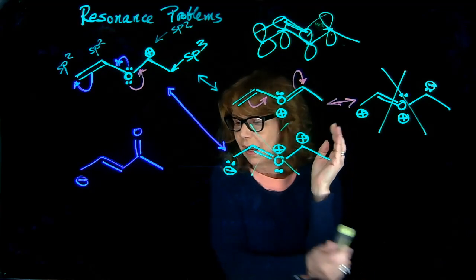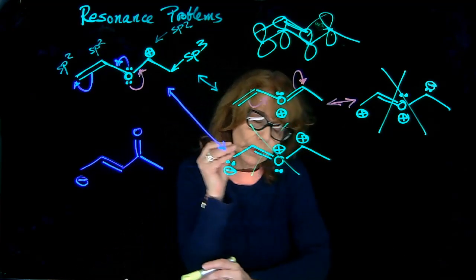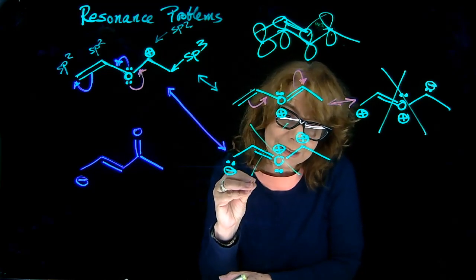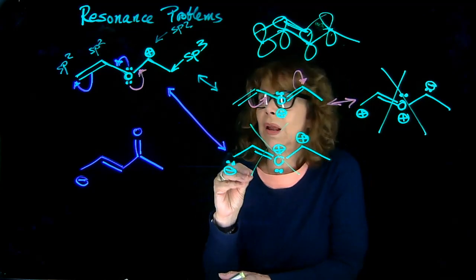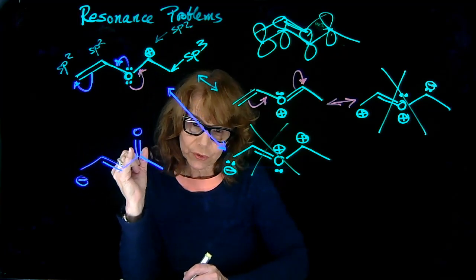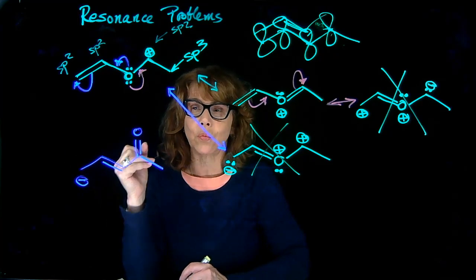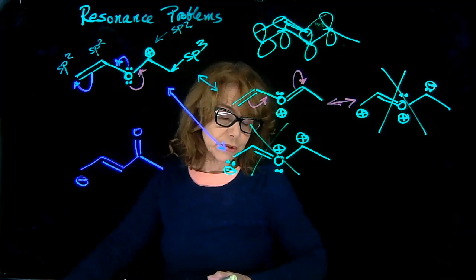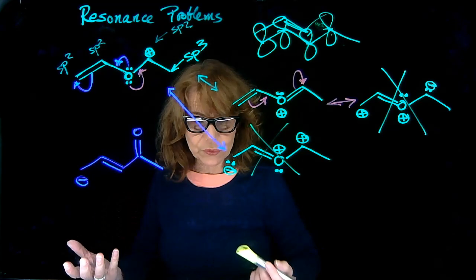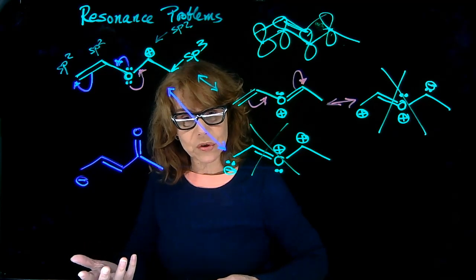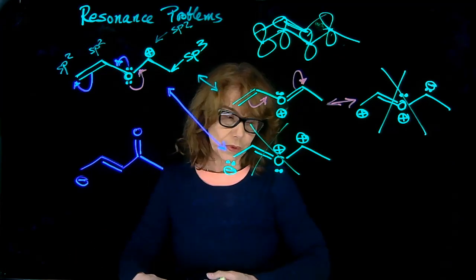The most important factor you need to be analyzing is the octet rule. So analyze what structures have the octet complete. After you've done that, you do the analysis with the charges to assess the resonance structure. Finally, if you do have charges, you prefer to have the negative charges on more electronegative atoms.